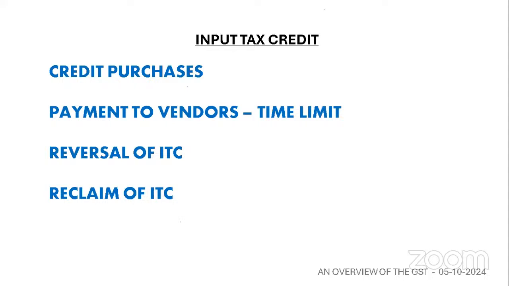The simple thing is that if you are regular in making payments to the vendors, there is no issue in respect of the credit allowed to you. However, if the payment is not made within 180 days, then the credit which you enjoyed in the month of purchase has to be given back to the government with interest.